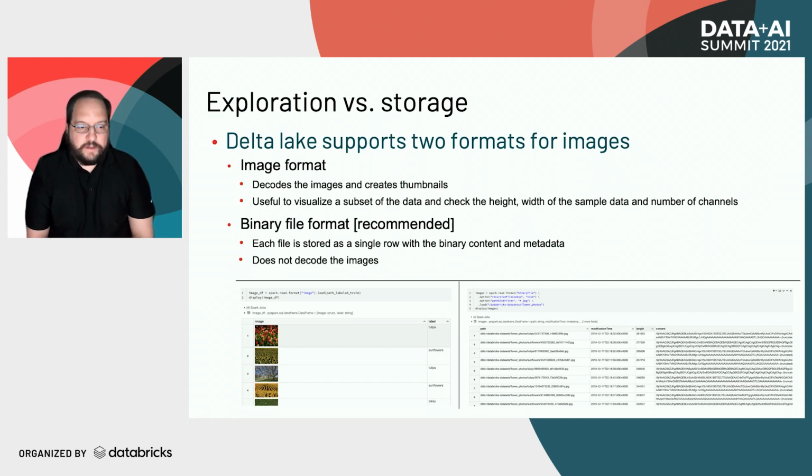And that's really nice to look at a folder full of images, or a folder with subfolders full of images, and really get a sense of what's going on. As it turns out, this image format is not necessarily the best, in what we've found, for processing images at scale. And so we like to use the binary format.